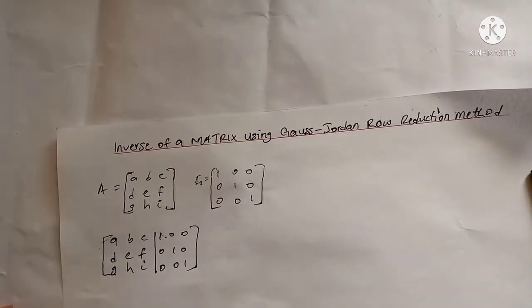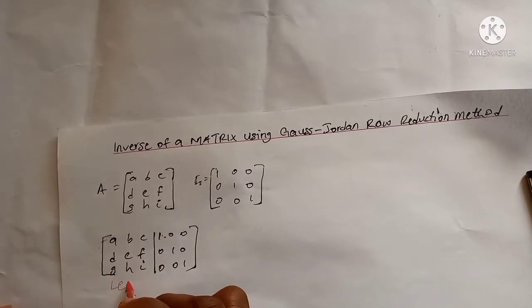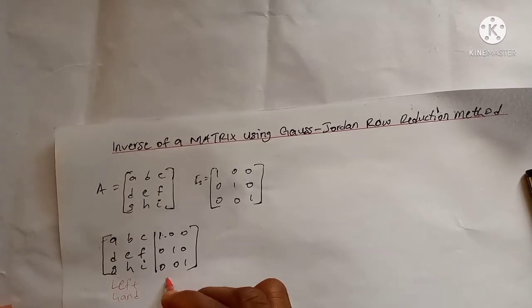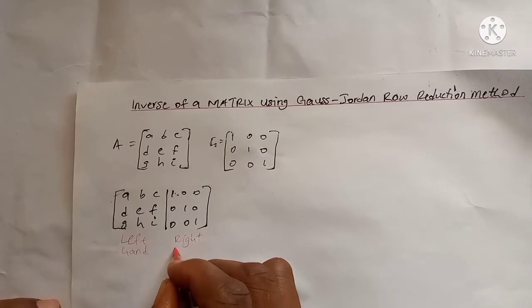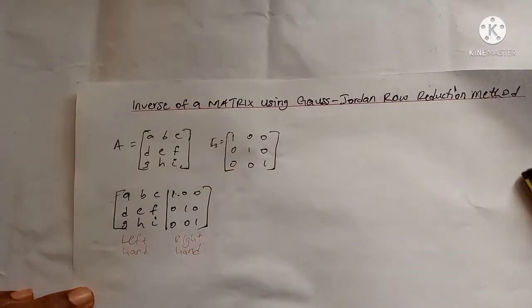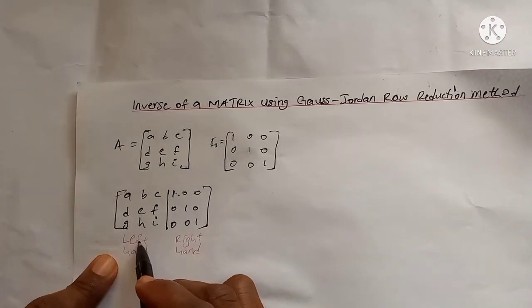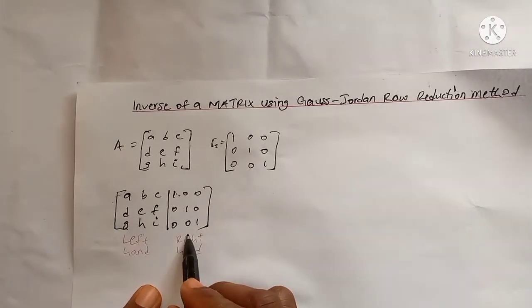Now let's say that this matrix is our left hand side, and this one is our right hand side. Our aim now is to convert this left hand side into the identity.